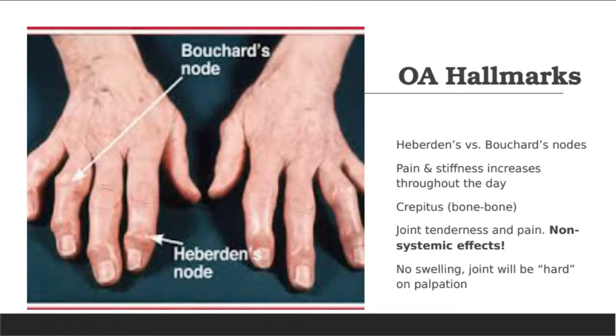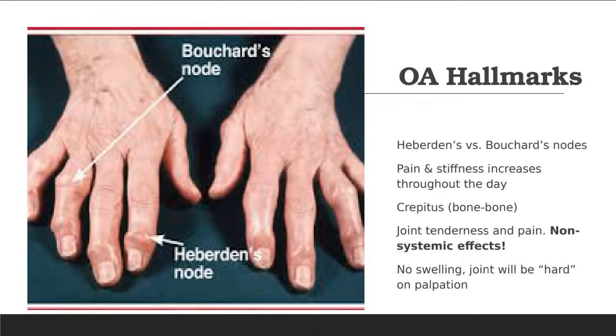The Bouchard's are in the proximal joint, so proximal meaning that it's closest to the body, and the Heberden's are in the most distal joint. They have those bony outgrowths. So I just want you to know the location of these nodes and their orientation as well. Okay, so you'll find these in patients that have osteoarthritis.